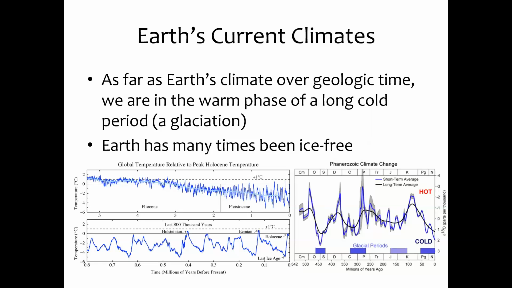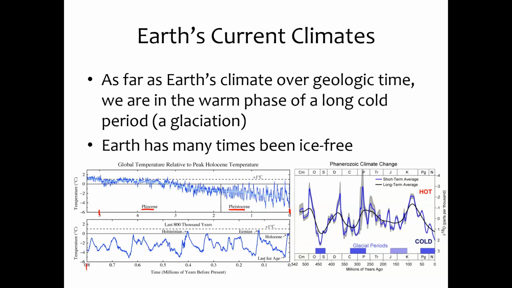Those are Earth's current climates, but we should also think about what Earth's current climates are in the context of recent climates, say over the past few million years. And so that's what we have in this diagram here. Two sets of diagrams, or three really. One that goes back 5 million years. That's the Pliocene and the Pleistocene periods in Earth's history.